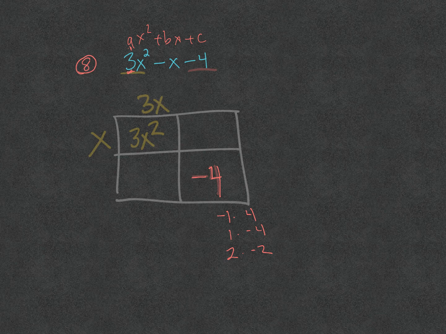So if you just want to start with trying the first combination here, we could say that this is 3x minus 1 and x plus 4. And if we multiply, that would give us a 12x and a negative 1x. And then when I combine them, that would give me an 11, and that would not work.